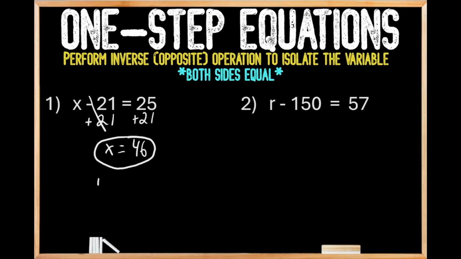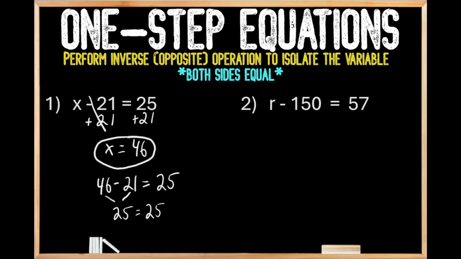So we have 46 minus 21 is equal to 25. And when we subtract 21 from 46, we get 25. And then since both sides of this equation are equal, it means we have the correct answer. X is equal to 46.